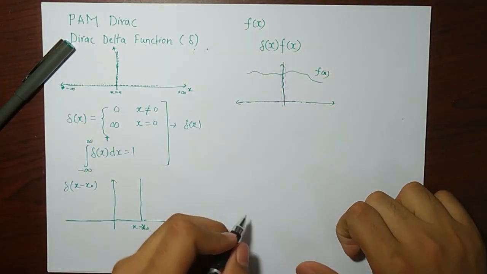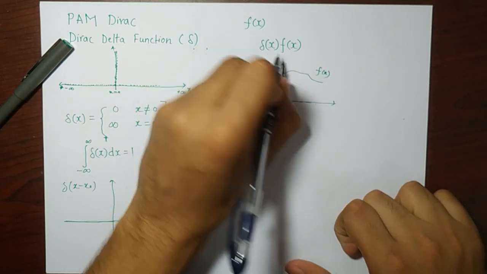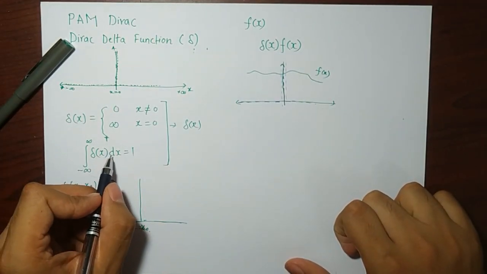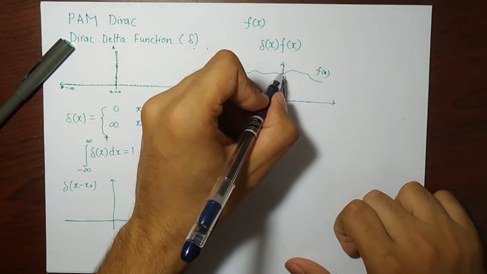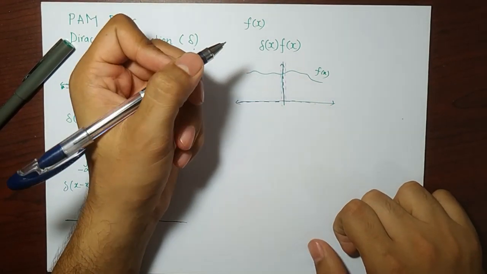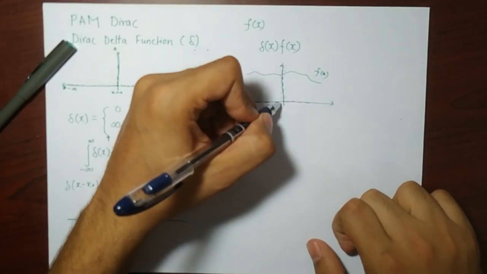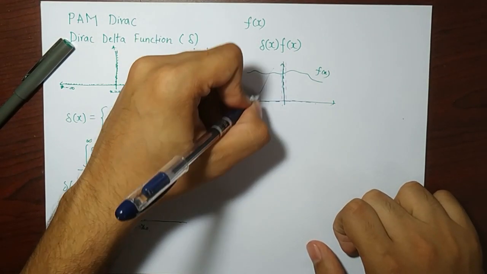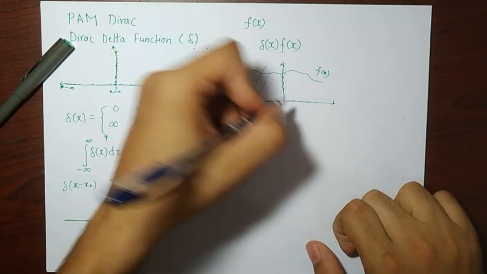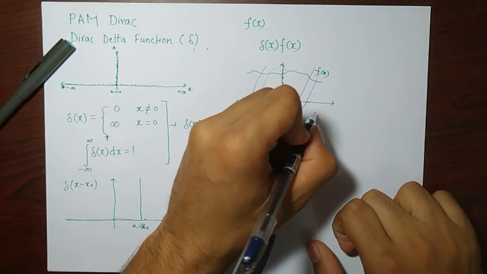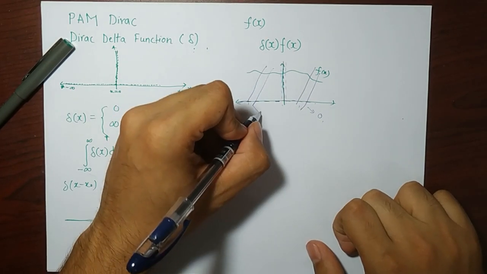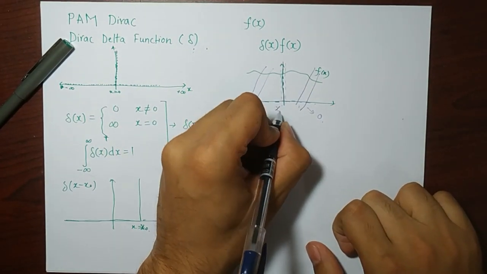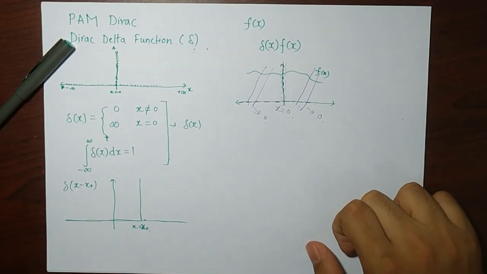So only here I will have a non-zero value of this multiplication. So you can feel that if you go through this, del of x dx equals 1. So this is kind of sampling. When you are multiplying this particular signal with this, everything is 0. This whole area is 0 because del x is 0, but only here at x equals 0 you have a value.